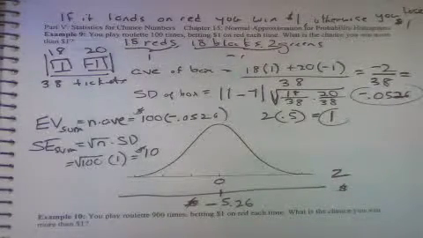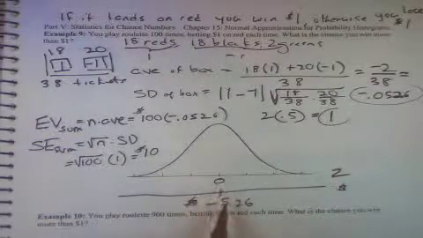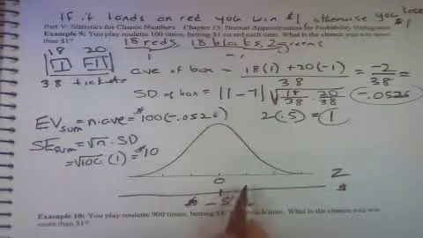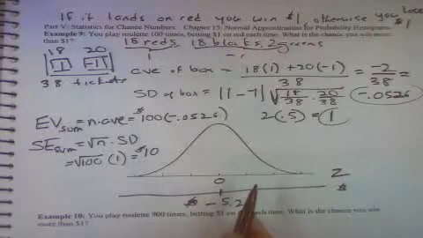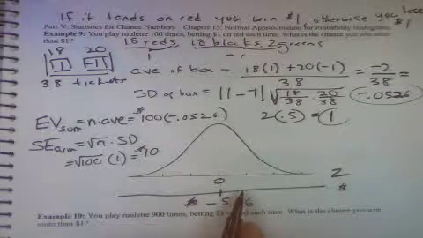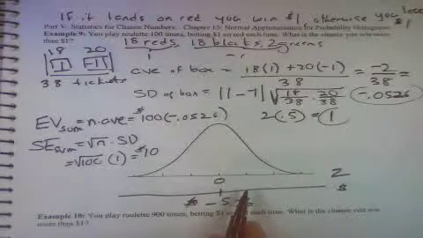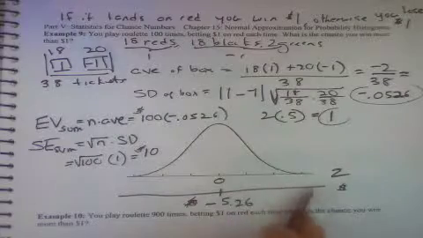All right, so now what do we want to do? We want to get a z-score. We know that if we added 5.26, we'd get up to breaking even, and then we want $1 more, so 6.26. We want to know when we're going to start winning.